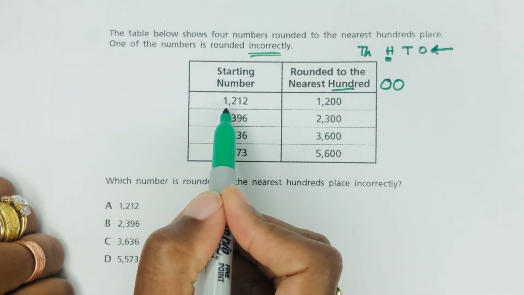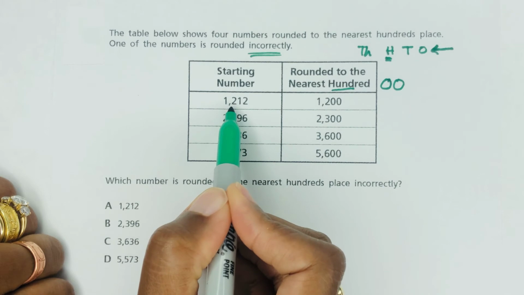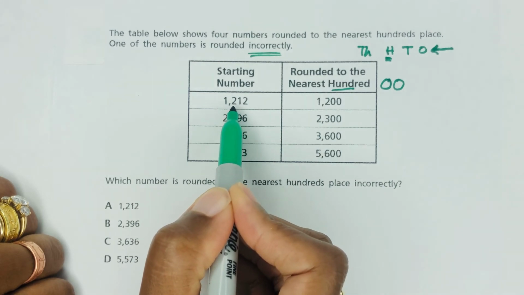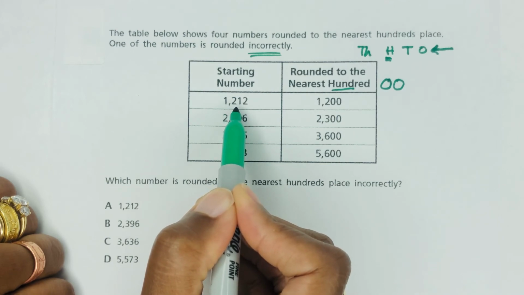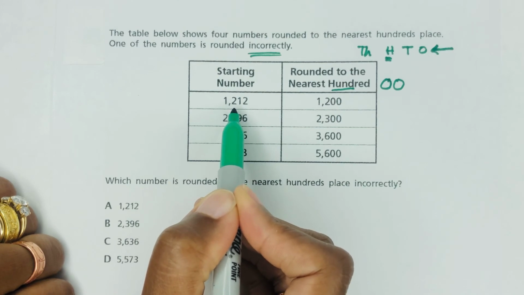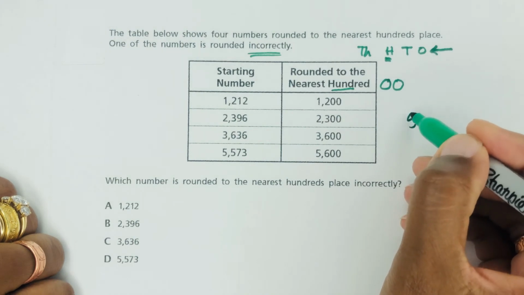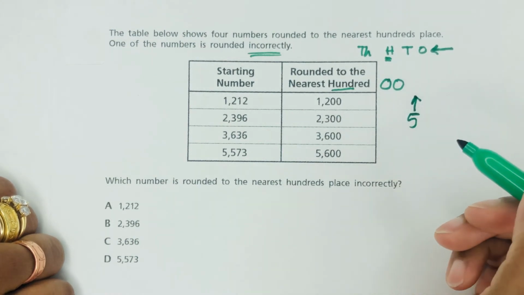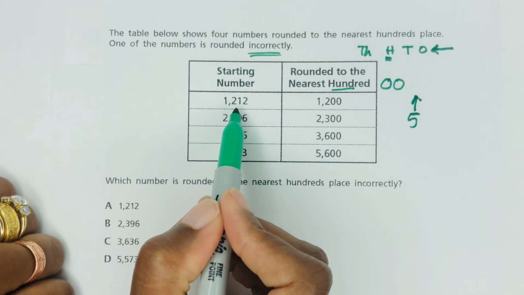So the starting number, in the number 1212, the tens place is a 2. I'm sorry, the hundreds place is a 2. So you're looking at the number after that in the tens place to see if it is 5 or above. Now there's a saying, 5 or above, give it a shove. So the tens place here is a 1, so it's not 5 or above.